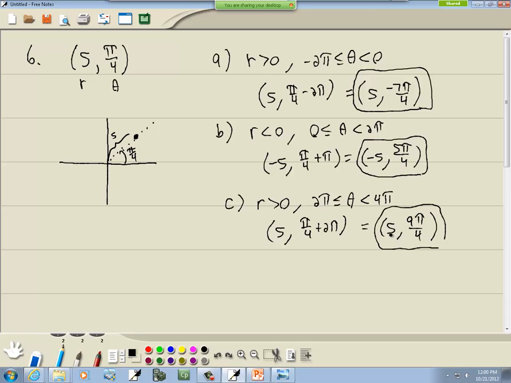So again, r is positive, and our angle is between 2 pi and 4 pi. And if I went 9 pi over 4, that's like 2 1/4 pi. Start here, 2 pi is all the way around. Another quarter pi would be right here, and r is 5 means I put my point right there. So again, these all right here give you the same point. They're just different ways of representing it.